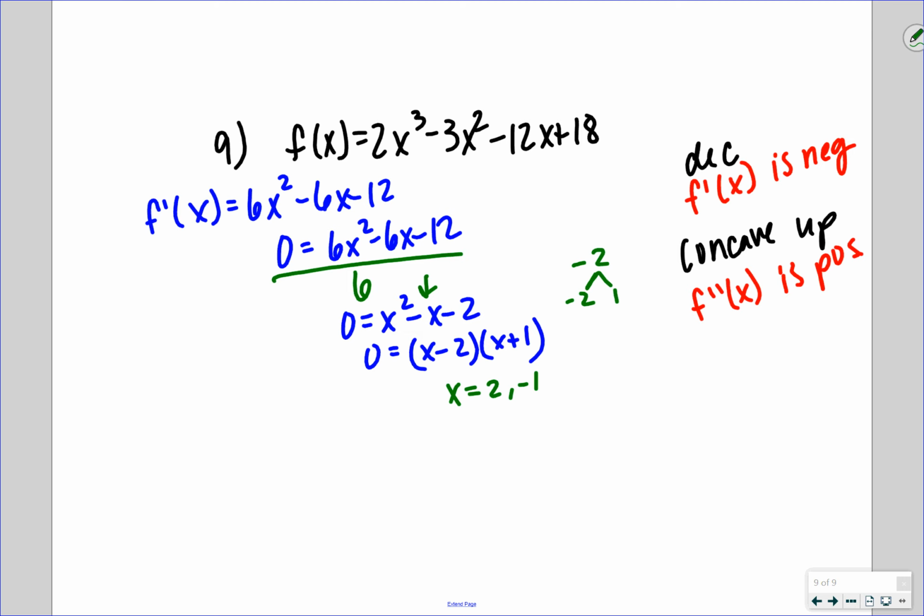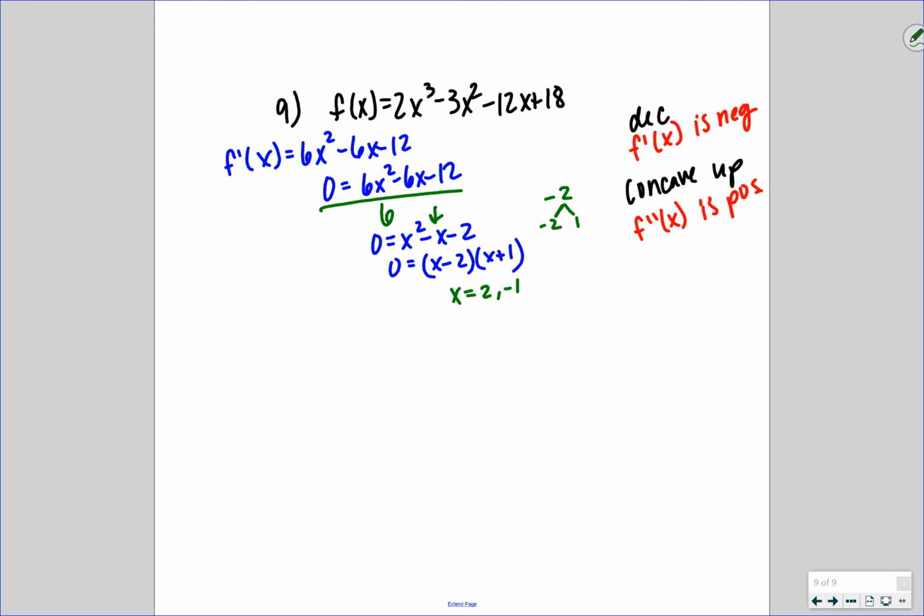So let's find out where I'm decreasing. Sign chart. -1, 2. Test numbers around them. Smaller than -1, -2. Between -1 and 2, 0. Bigger than 2, 3. And plugging into x minus 2, x plus 1. So -2 minus 2 is a negative number. -2 plus 1 is a negative number.